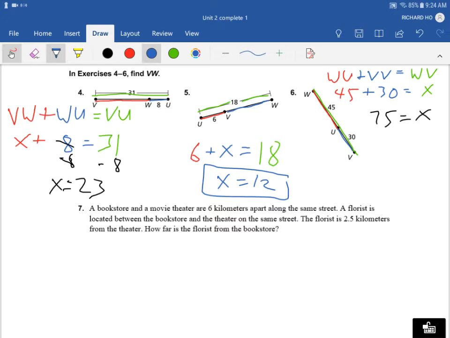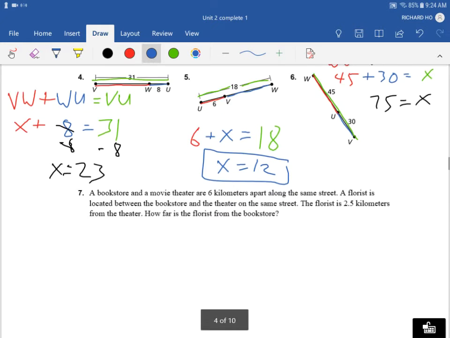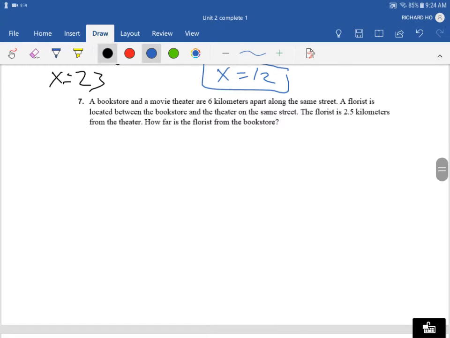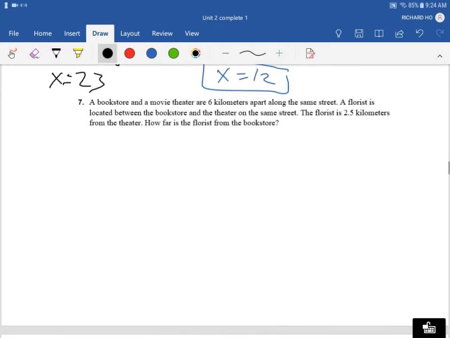Okay, I'll give you an example with a variable. Let's do it on here. Well, no, I'm recording this, so I might as well do it on here. Y'all, we're not going to worry about this number 7 here.